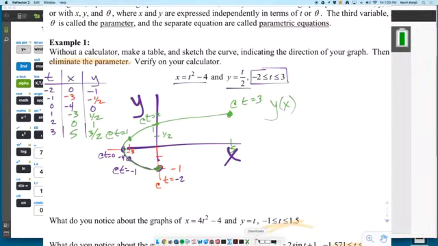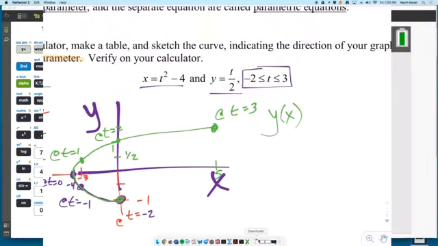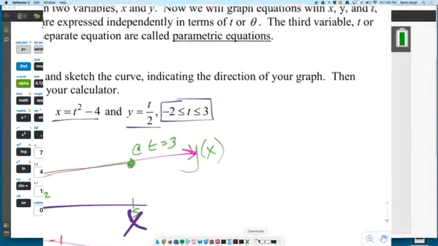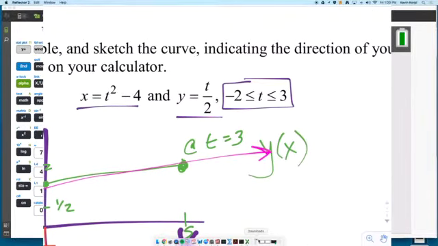Okay? If I do that, we should end up with the equation of a parabola that opens sideways, which means that the y should be squared instead of the x. So any ideas how we can go about eliminating the parameter and writing a single equation in terms of y and x? Think algebra 2.